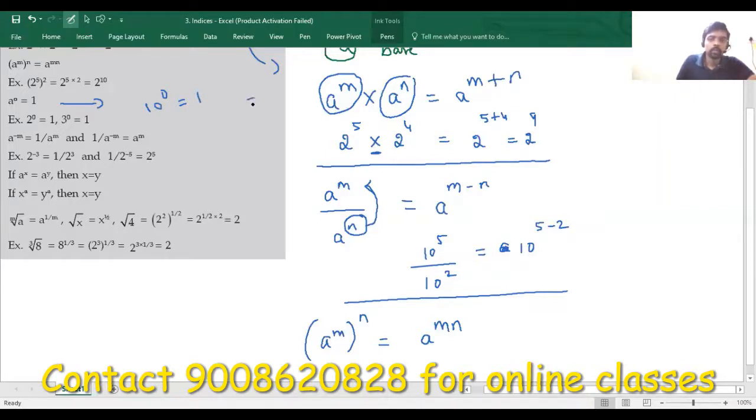Anything to the power 0 is 1. Whatever may be the base, but then base should not be equals to 0. So if exponent is 0, always the value will be 1. 2 to the power 0 is 1, 3 power 0 is 1, 10 to the power 0 is 1, 7 to the power 0 is 1.